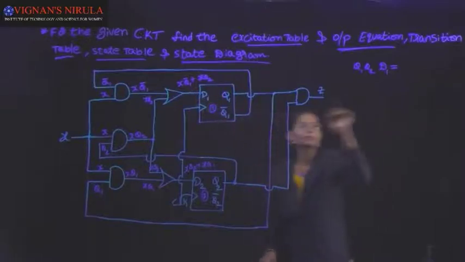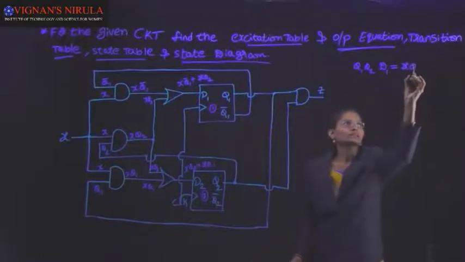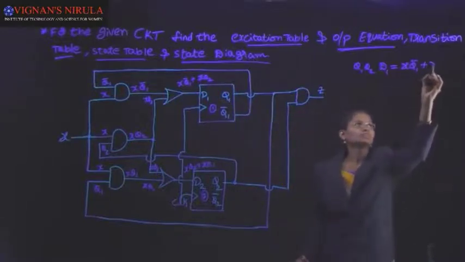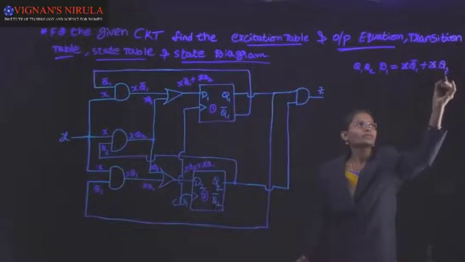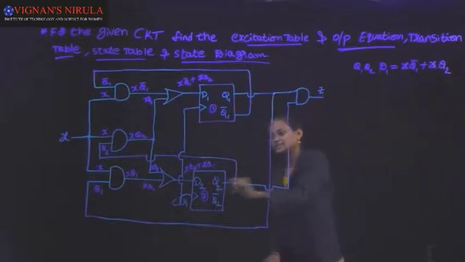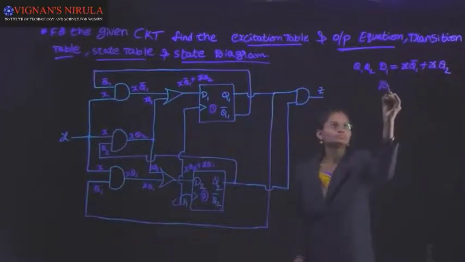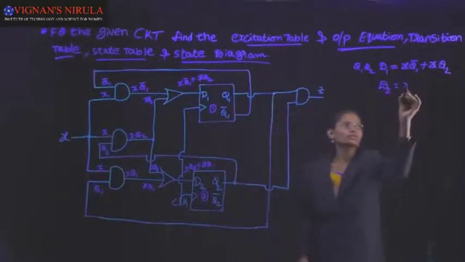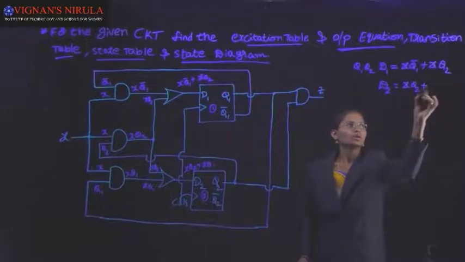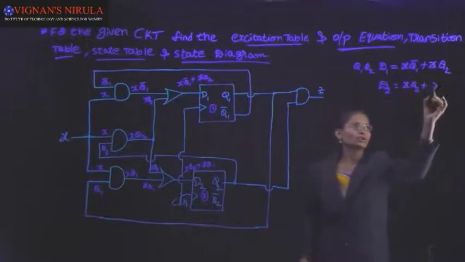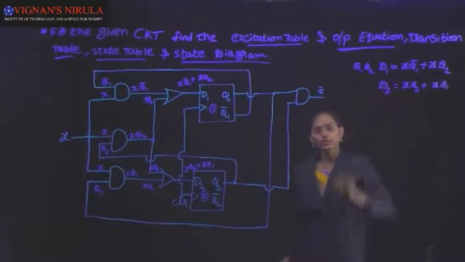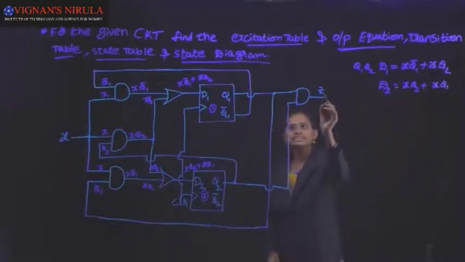X Q1 bar plus X Q2. And next D2. What is the D2 input? X Q2 plus X Q1. Okay, these are the 2 equations and Z is the output.